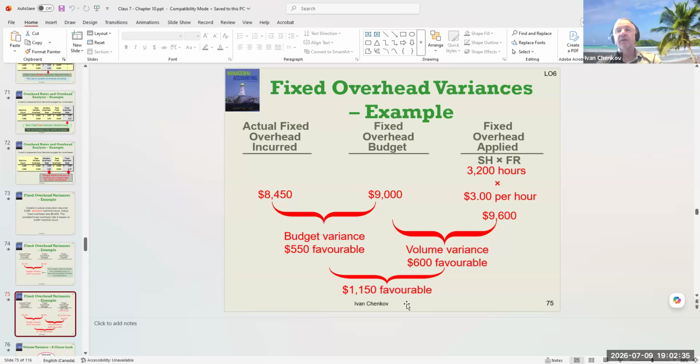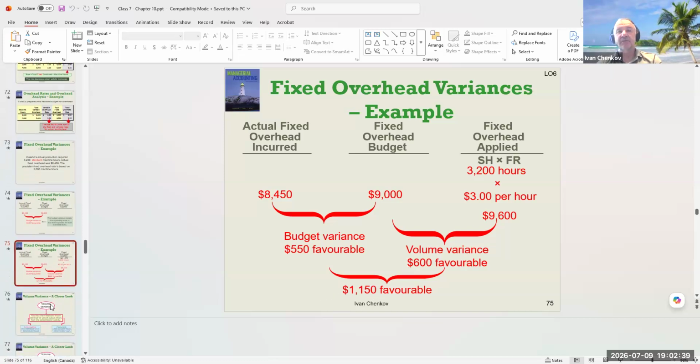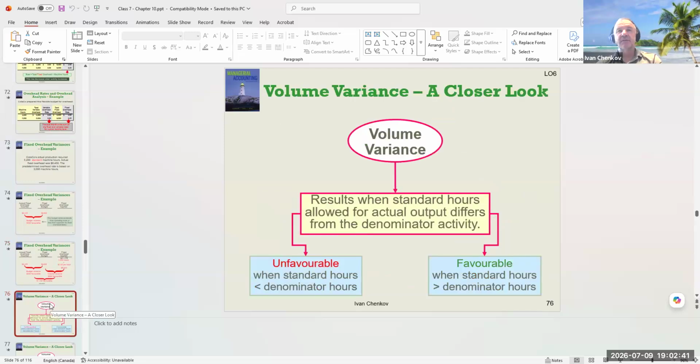Overall, we have a $1,150 favorable variance for the fixed overhead. So now let's think about it. What is the volume variance? Volume variance results when the standard hours allowed for the actual input differ from the denominator activity.